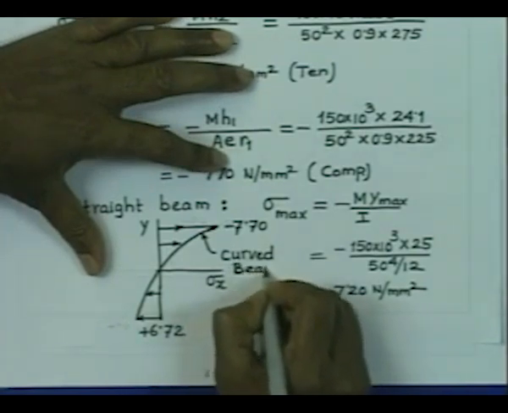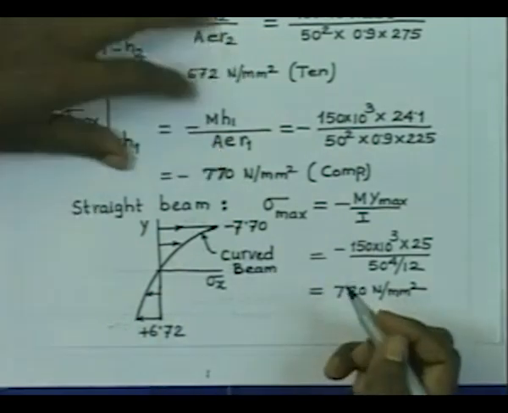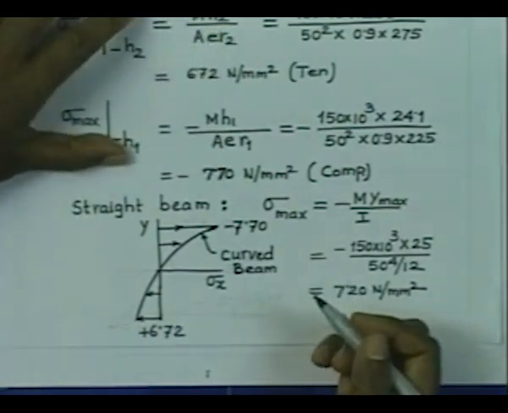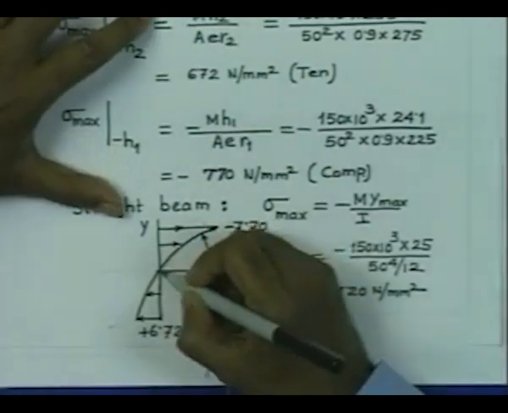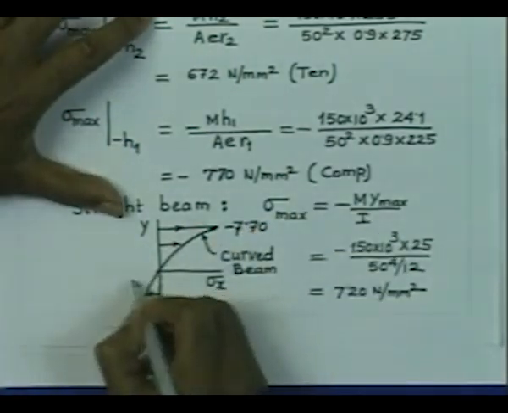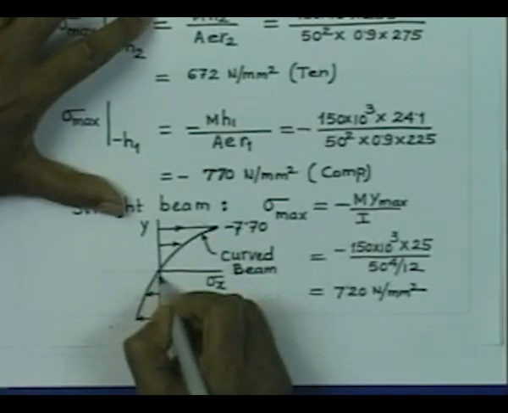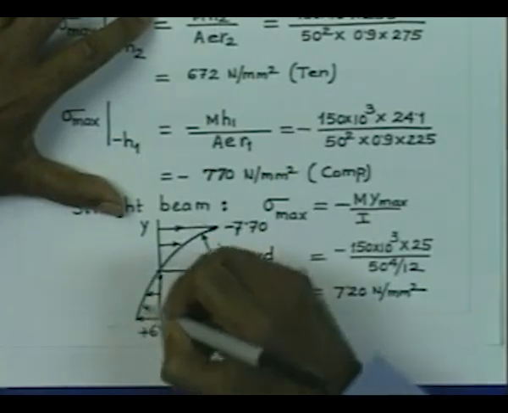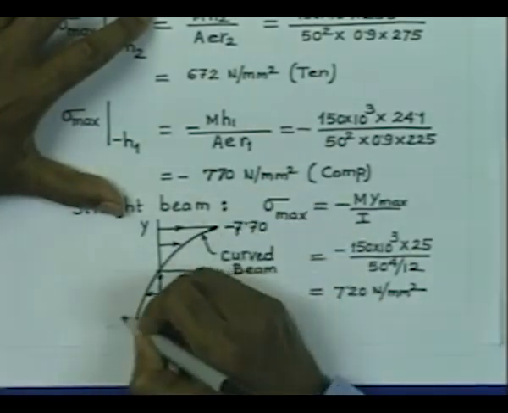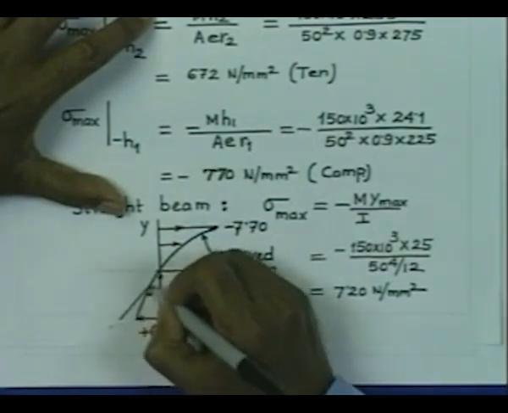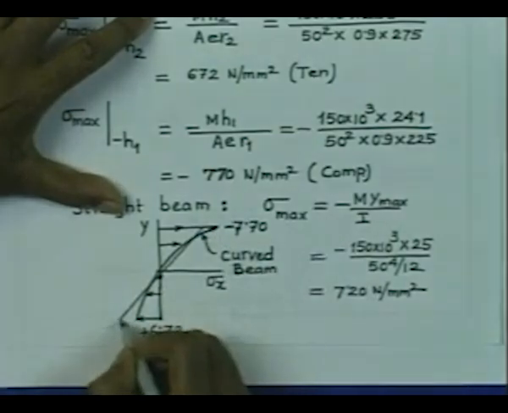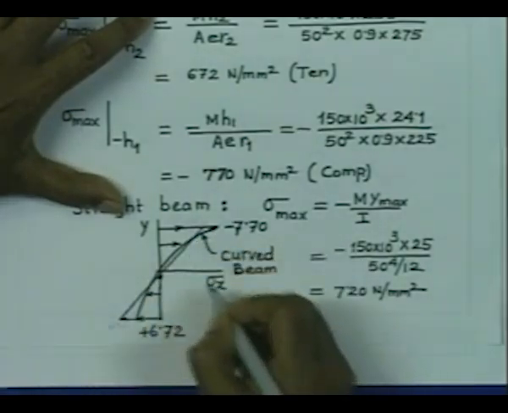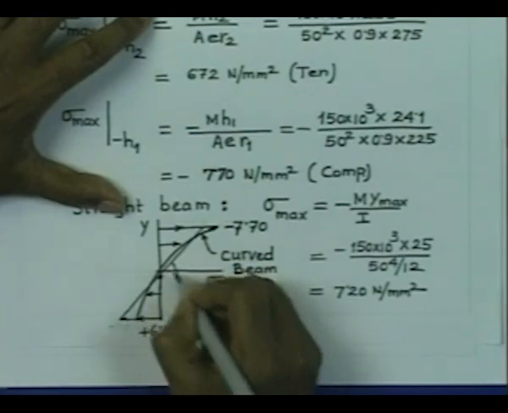On the other hand, if we show the stresses given by the straight beam formula, it has a variation which is straight. So, this will pass through the centroid of the cross section and the variation is straight. So, we will have variation of this type. So, here this is the straight beam formula.